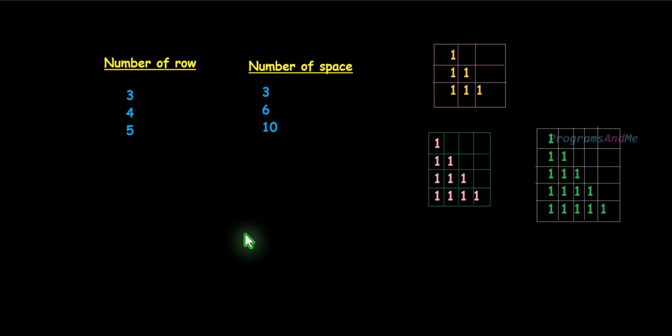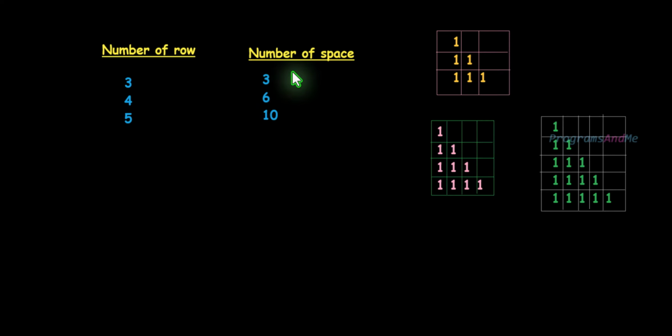And I'll write this 3 as 3 multiply 2 divided by 2. Okay, and I'll represent 6 as 4 into 3 divided by 2 and represent 10 as 5 into 4 divided by 2. Why? Here 3, 4, 5 is nothing but the number of rows.